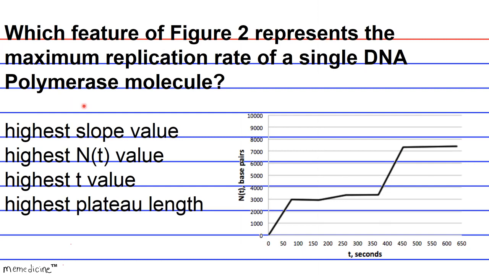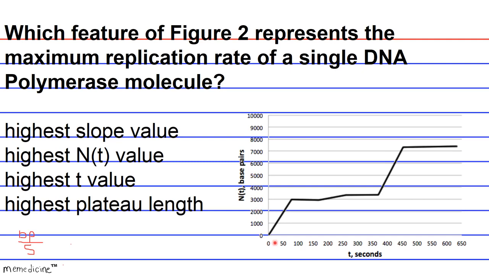Again, let's break this down once more. So the replication rate is the number of base pairs per second, or base pairs times second to the -1 power, however you want to think about it. Okay. The y-axis in figure 2 is N of T, and this is basically the number of base pairs synthesized.